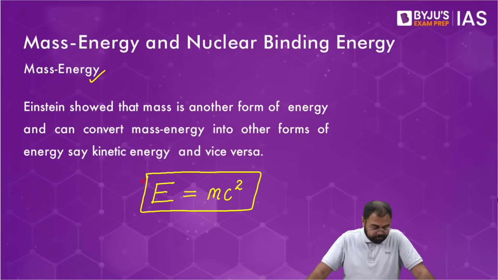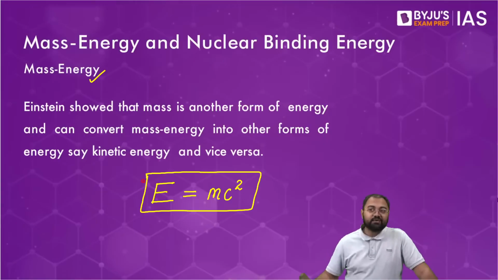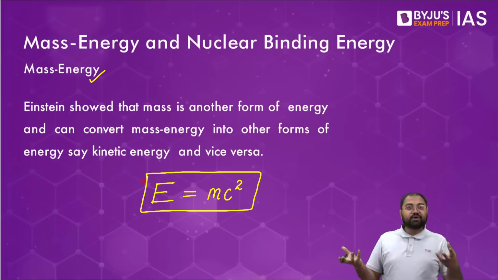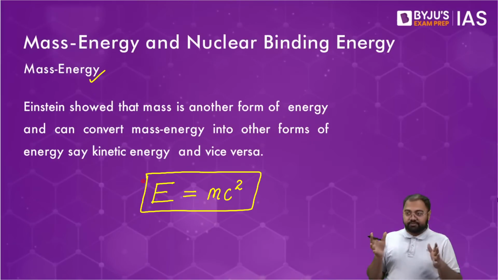Now, the significance of this equation. Until now, the scientists did not know that mass and energy are interconvertible. That mass and energy actually can be converted into one another is something that we never knew of. Until now, it was either mass or it was energy.